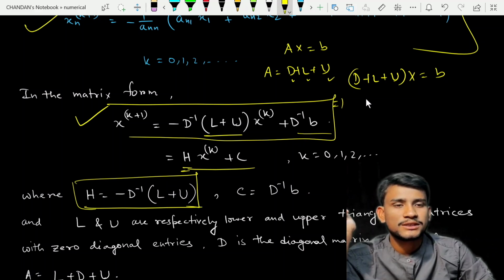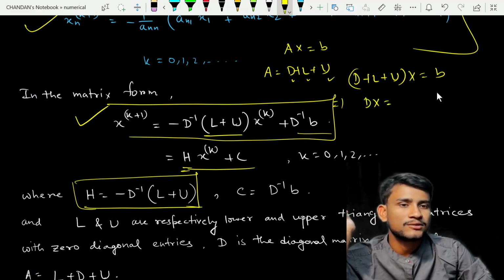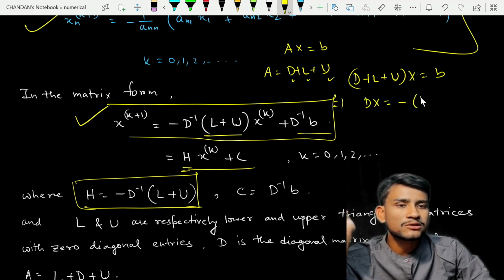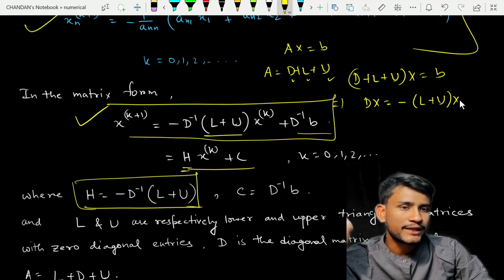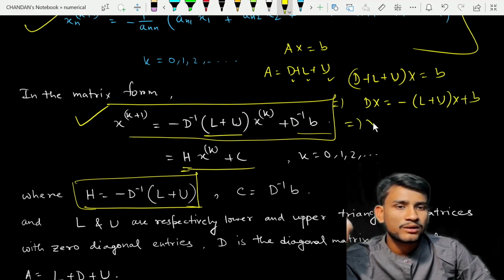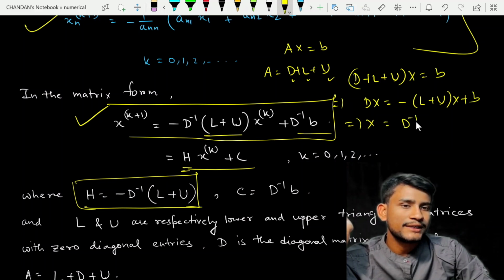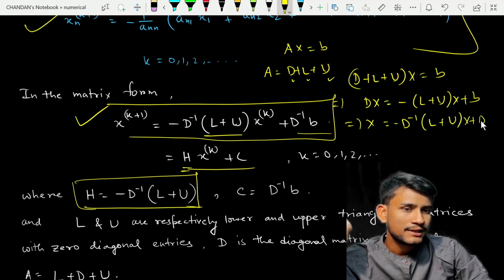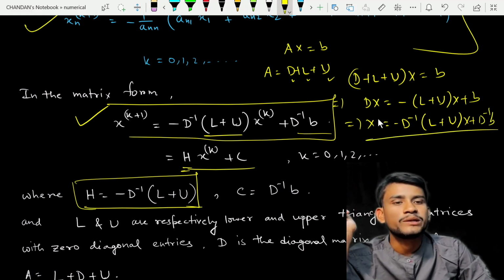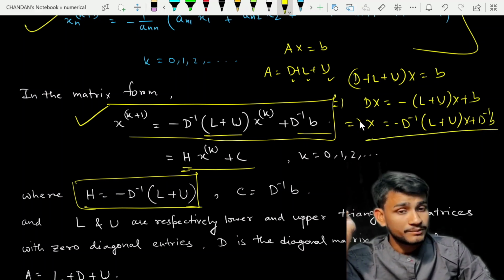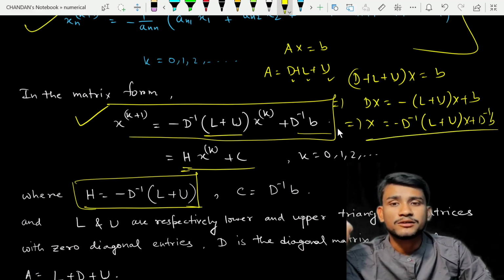So Dx is equal to minus (L plus U) x plus b. Now we get x equal to D inverse times minus (L plus U) x plus D inverse b. This is the Jacobi iteration scheme, and this is how it comes from the system Ax equal to b.